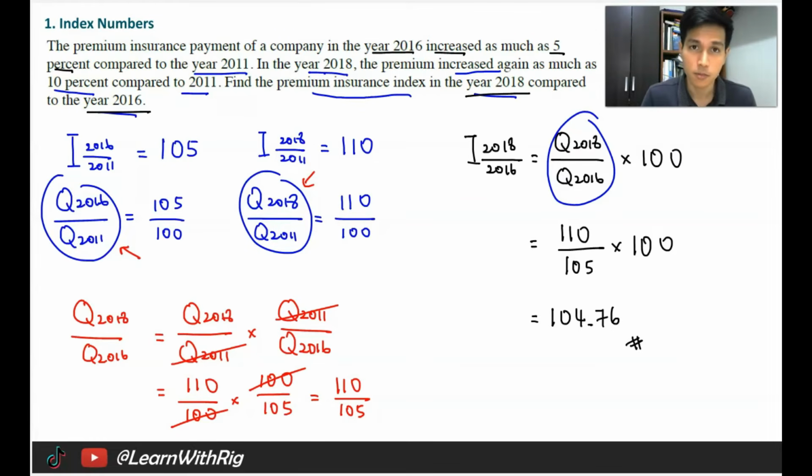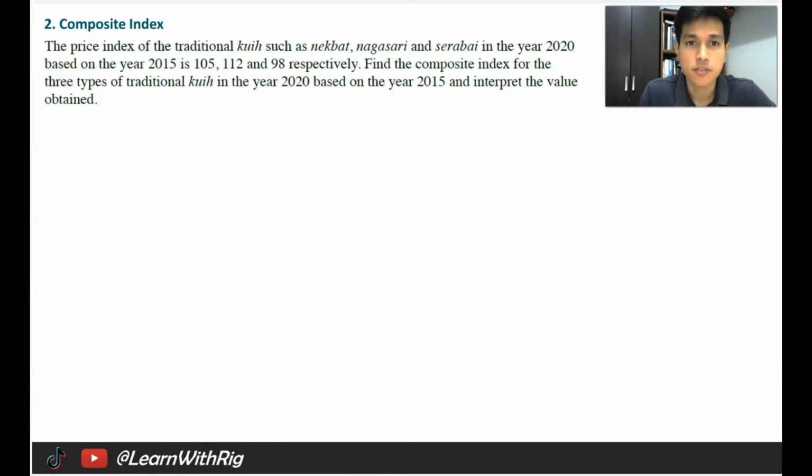When there are 3 years involved, try to find a way to combine them to look for the quantity that the question is asking. Okay, so in this case it is 2018 based on 2016. Alright, so let's see the next question. The price index of the traditional kueh, okay, so there are 3 kuehs here in year 2020 based on year 2015.